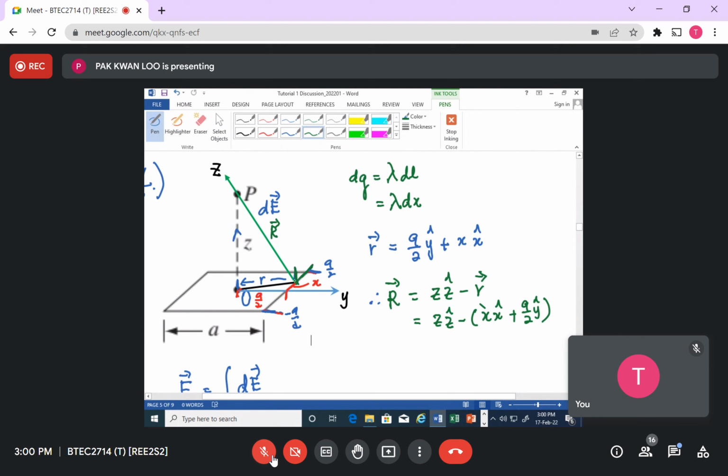So therefore you have to integrate along this line when we try to evaluate the electric field.